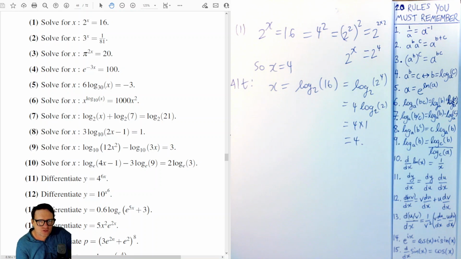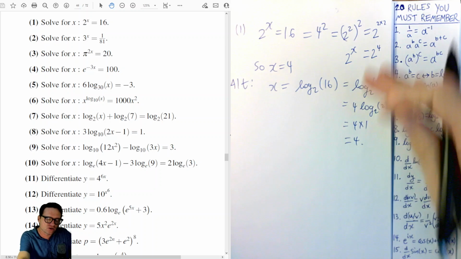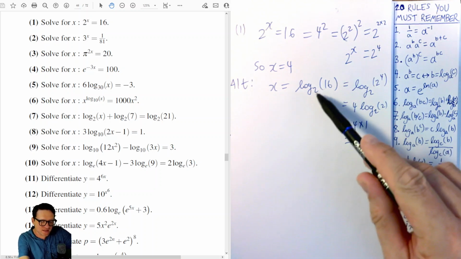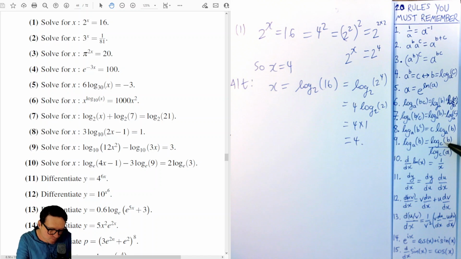Now what if, in the stress or pressure of an exam, you didn't know what to do and couldn't do either of these things? What would you do in that case? Well, you would use a log rule that says you can change this to a log base of your choice. On a typical scientific calculator, you have the natural log, or ln, and you have log to base 10. So you could take your choice here.